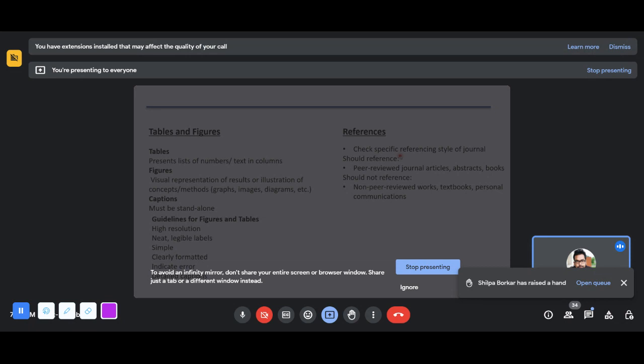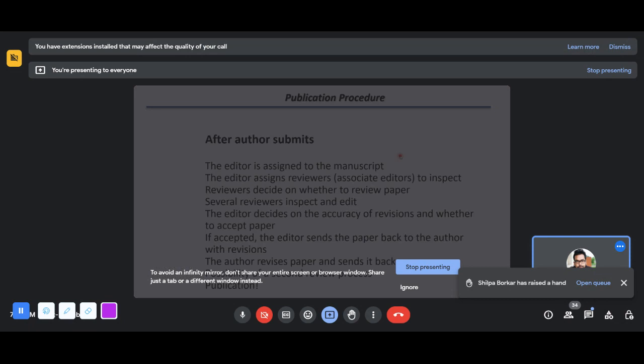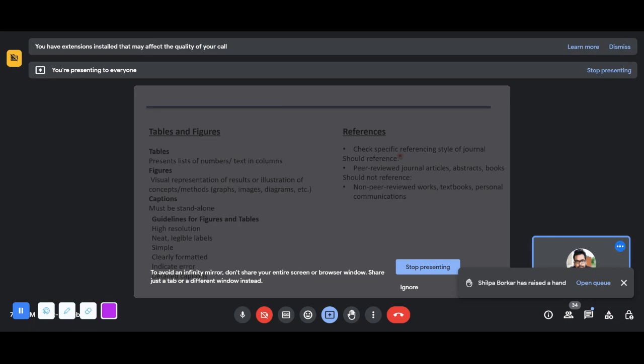We have to put references, and then you have to give the acknowledgement section. Basically, in the acknowledgement section, what you write is your funding source. The authors have to mention the funding sources that were helpful for them.